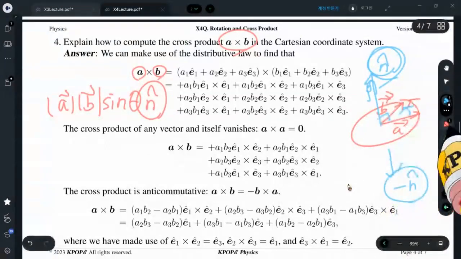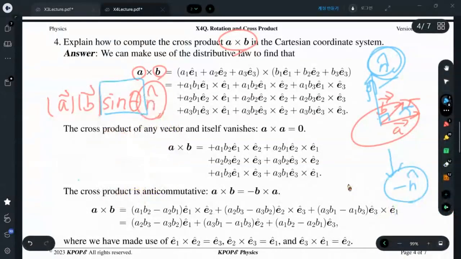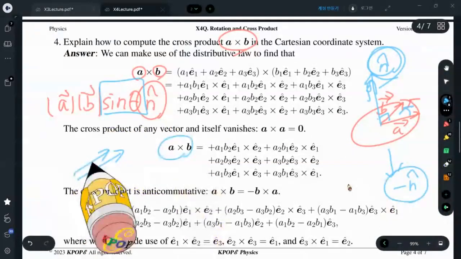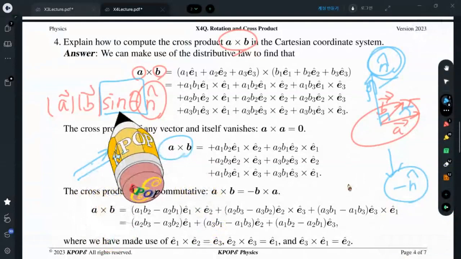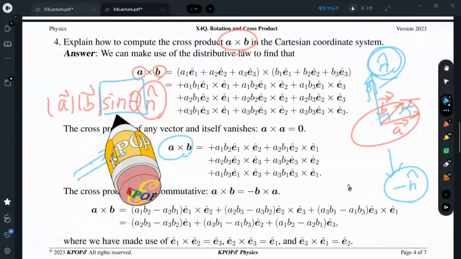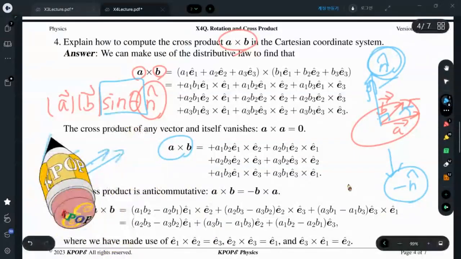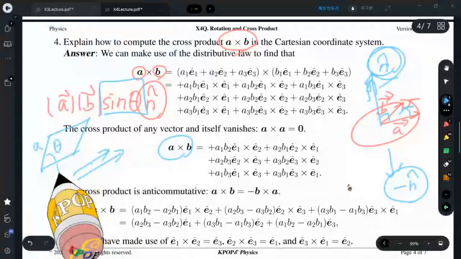And then, because of this sine theta, if two vectors are parallel, the angle becomes 0 and sine becomes 0, so this one vanishes. And we know we'll have angle theta and A and B. What is that?